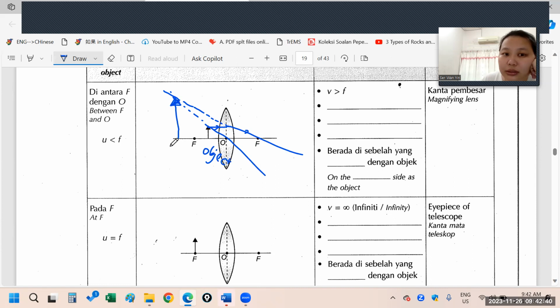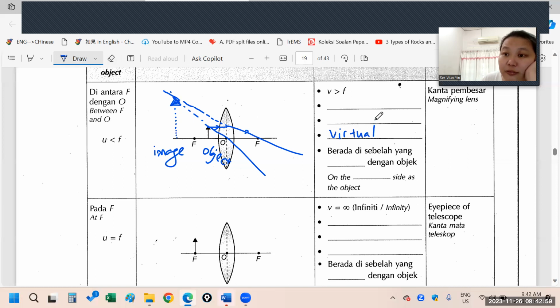Remember to label this is the object, this is the image. The image supposedly is drawn with a dotted line because it's a virtual image.